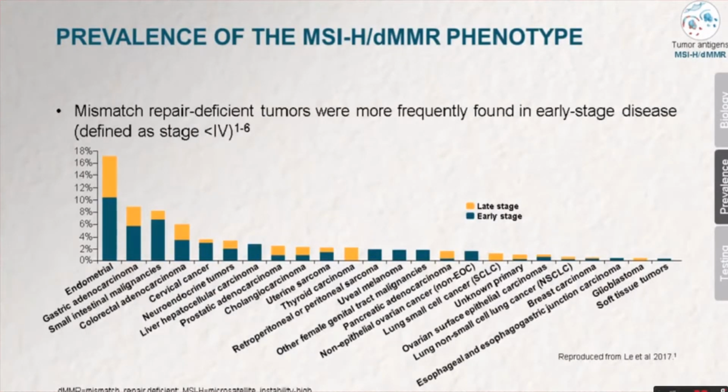Now, if we look at the microsatellite instability high and deficient in mismatch repair phenotype, we see some interesting observations. One is that tumors that have high amounts of microsatellite instability tend to be present at an earlier stage.